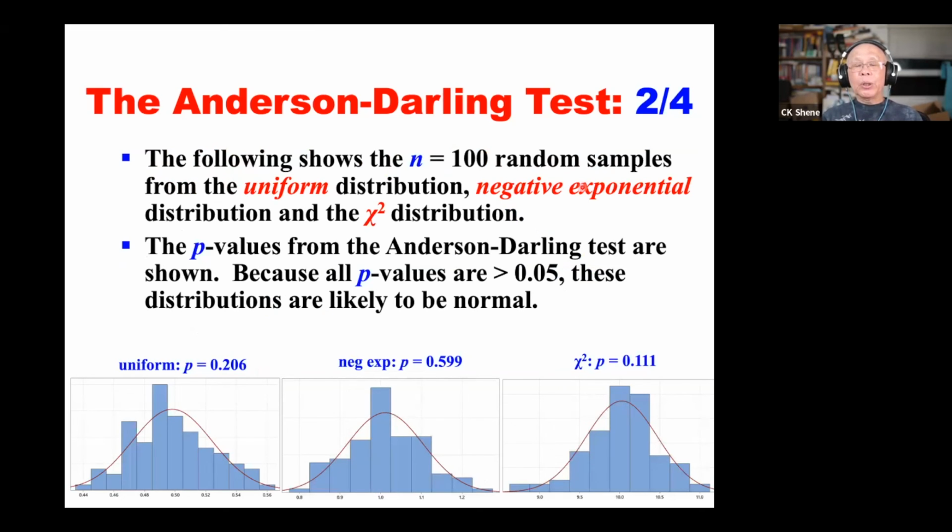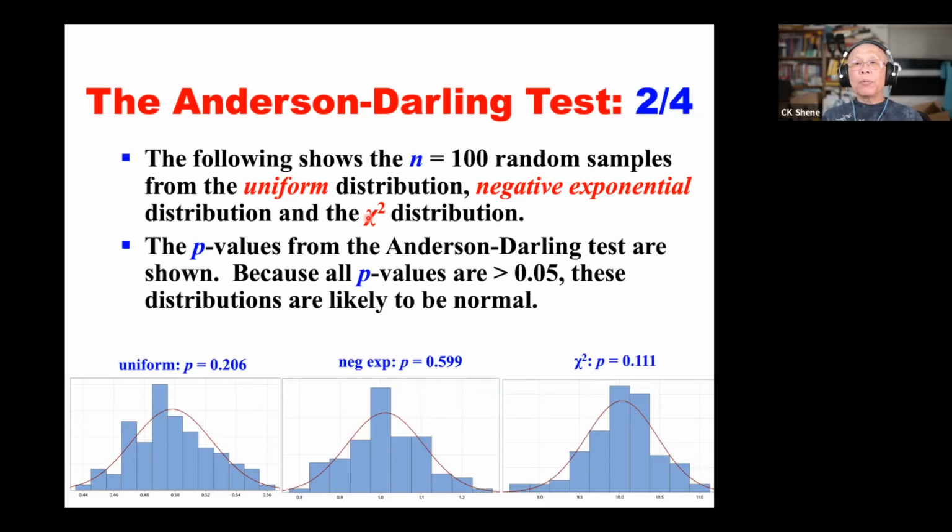Remember, we did two sets of experiments. One set we use n equal to 100 sample size, and then repeat it 100 times. Therefore, from each sample, we calculate the sample mean. These sample means could be generated from the uniform distribution, the negative exponential distribution, and the chi-square distribution.